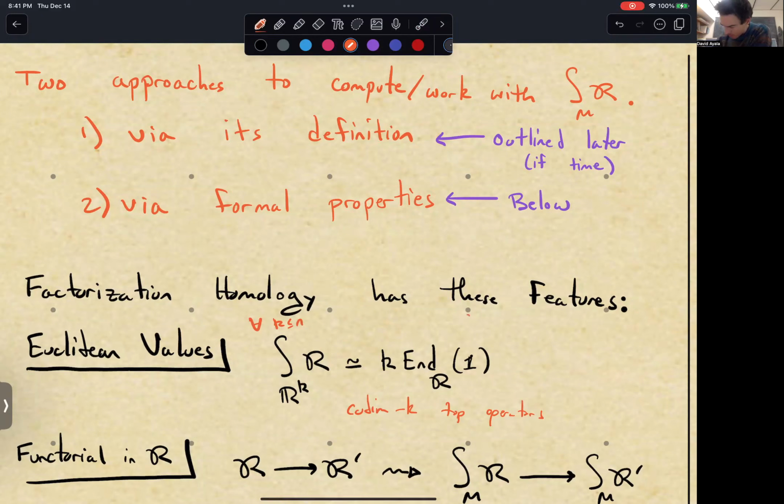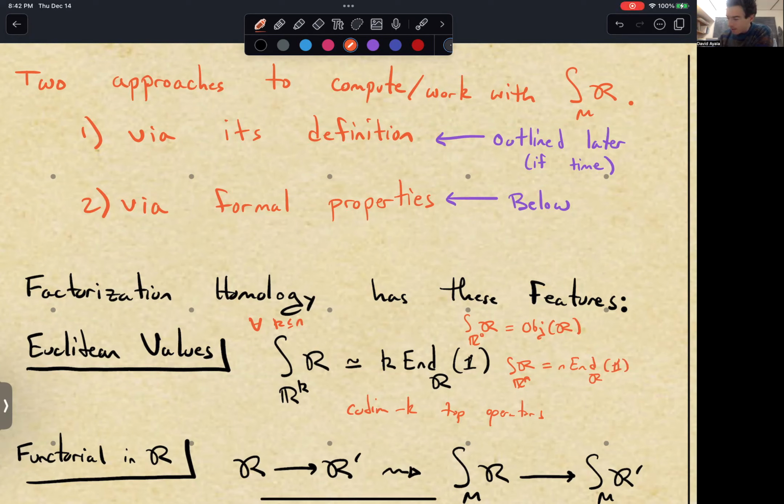So on R^0, that's the moduli space of objects of R. And on R^n, this is the n-fold endomorphisms in R of the unit, and that was the E_n algebra that we talked about earlier.